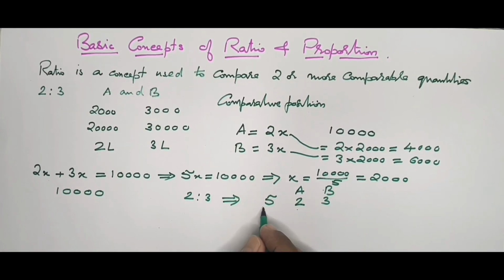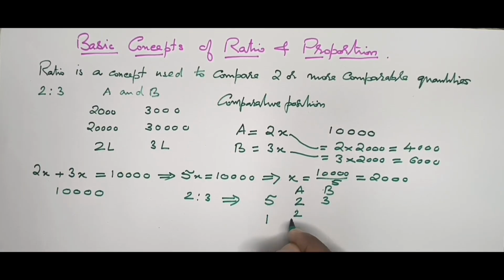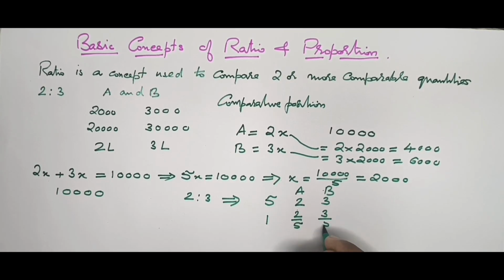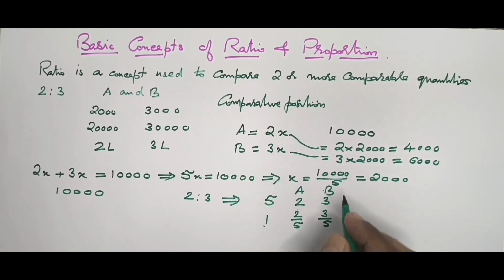Rather, when the total salary is 5 rupees, A gets 2 rupees, B gets 3 rupees. So when the total salary is 1 rupee, how much does A get? 2 divided by 5. We are using the unitary principle. And what about the salary of B? Total salary 5, B gets 3. When total salary is 1, B will get 3 divided by 5.